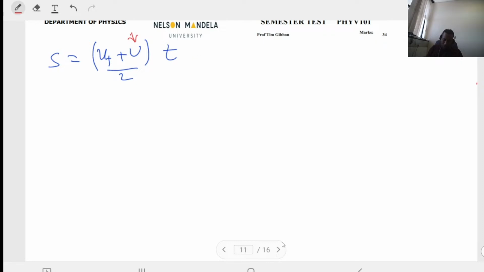I'm going to go back. This implies 2s over t must equal v final plus u. You guys must be easy with that. u must be 2s over t minus v.